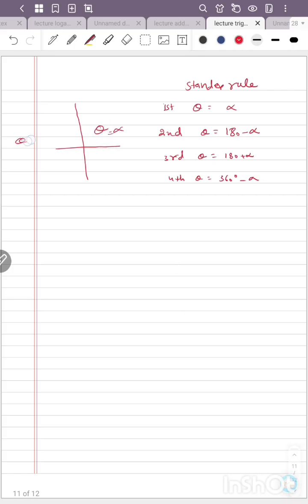In the second quadrant theta will be 180 minus alpha. In the third quadrant theta equals 180 plus alpha, and in the fourth quadrant it is 360 minus alpha. Hopefully dear student you can understand this type of question.